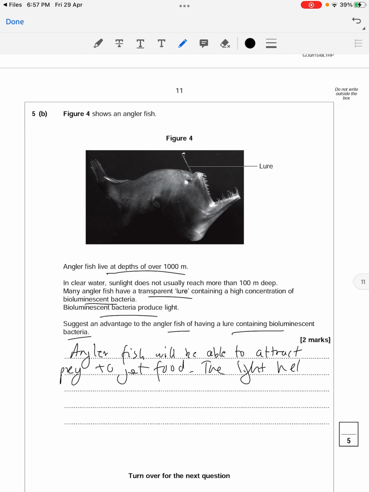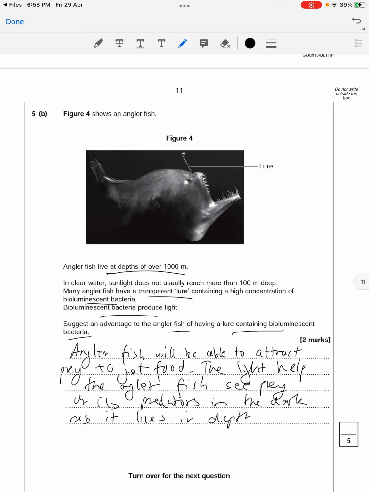The light produced by these bioluminescent bacteria helps the anglerfish to see in the dark, to see maybe the prey or its predators in the dark, as it lives in depths of over 1,000 meters. Now this is pretty interesting.